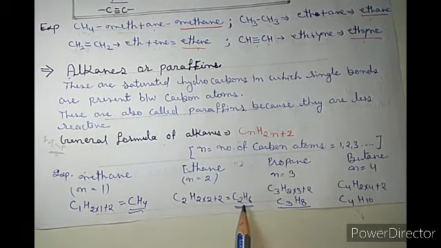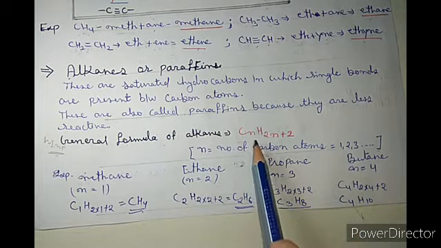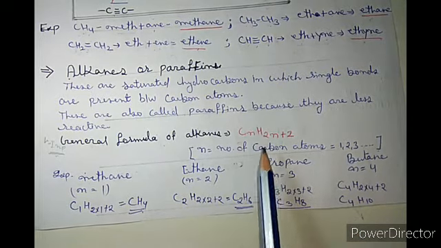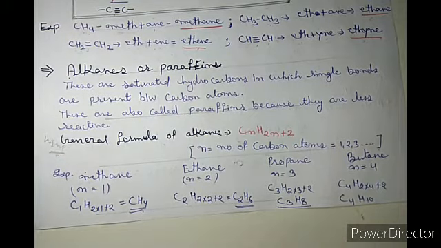So its molecular formula becomes C2H6. The third member is propane. Prop means n is 3. When we put n is 3, then C3H(2 into 3 plus 2). So its formula becomes C3H8.